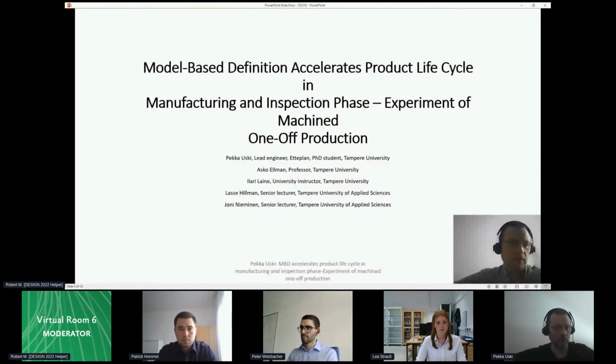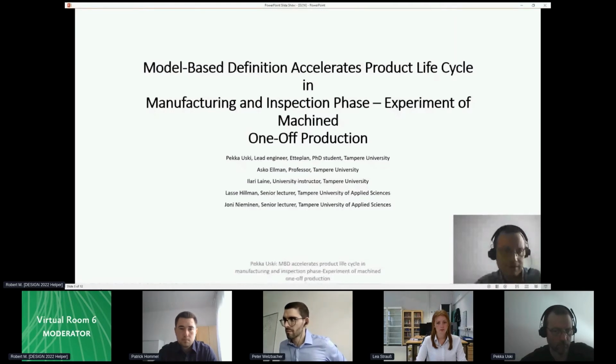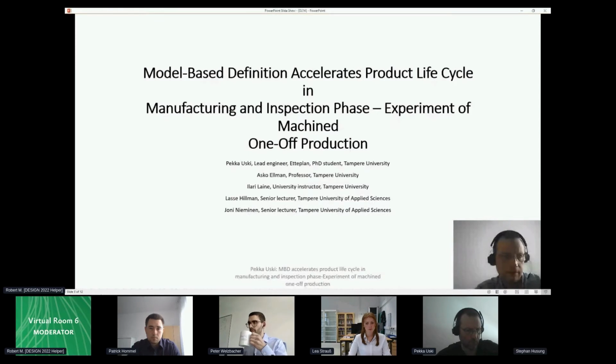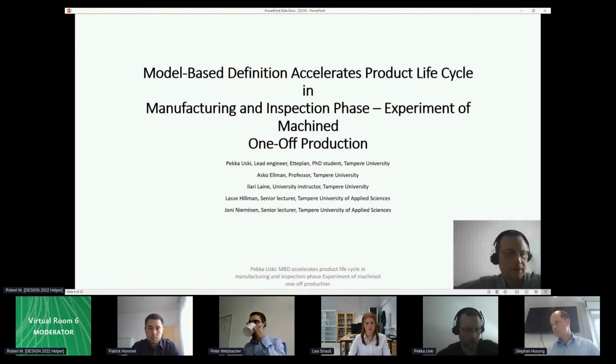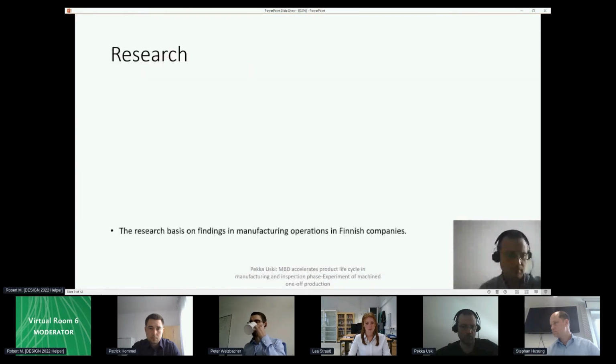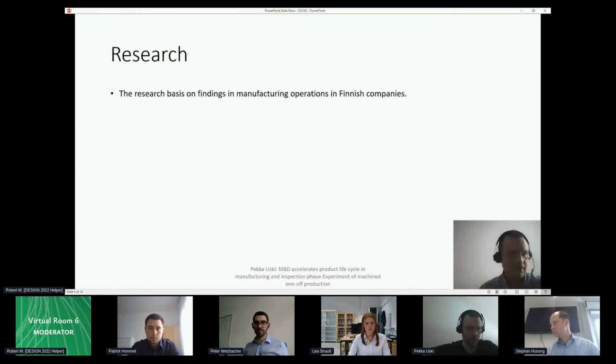Our title of paper is Model-based definition accelerates product lifecycle in manufacturing and inspection phase, experiment of one-off production. Our research bases on findings in manufacturing operations in Finnish companies.